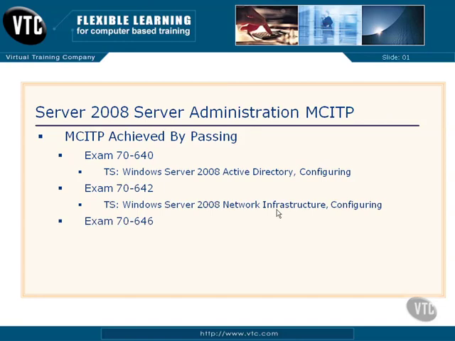Then the big one comes along, 70-646, and you'll notice this is the pro level exam. Microsoft shows the 640 and the 642 as prerequisites, and then you take the 646, which is a more general overview of how everything works together for how you administer a 2008 server.